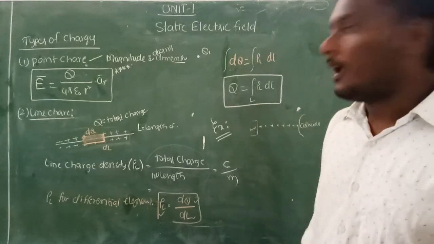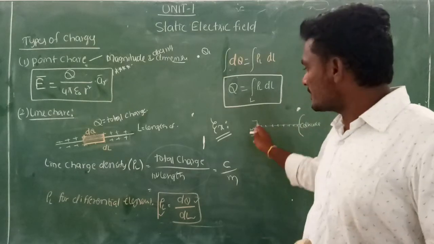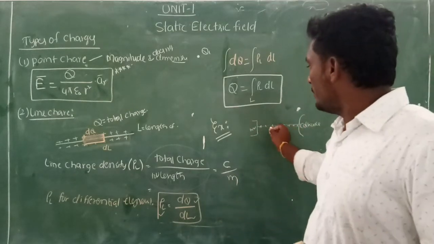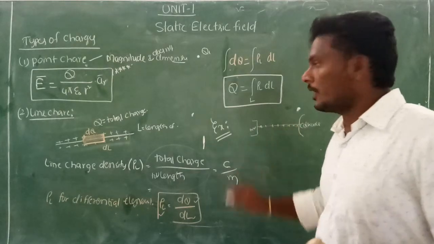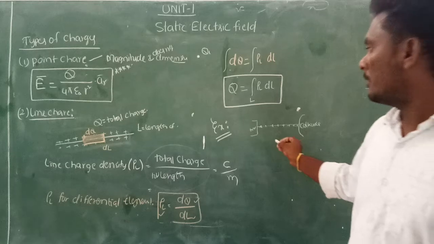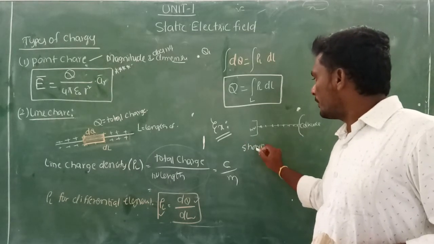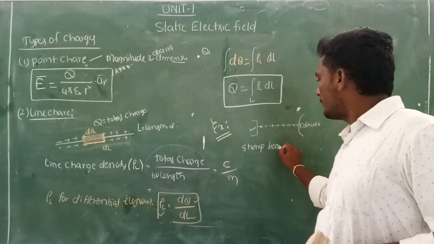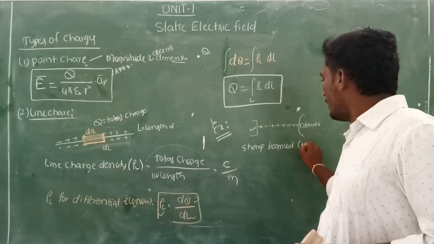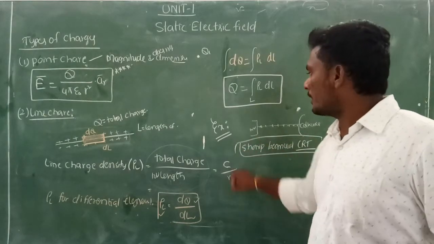It looks like a sharp beam, and in this beam the charge is uniformly distributed. So the practical example of line charge is the sharp beam in a CRT.